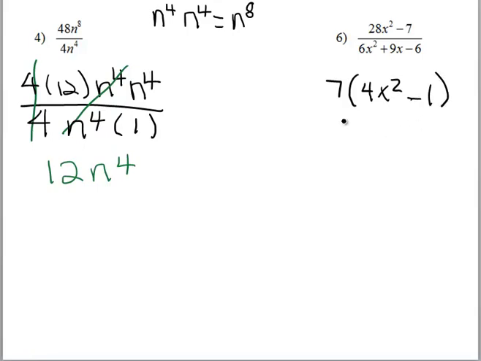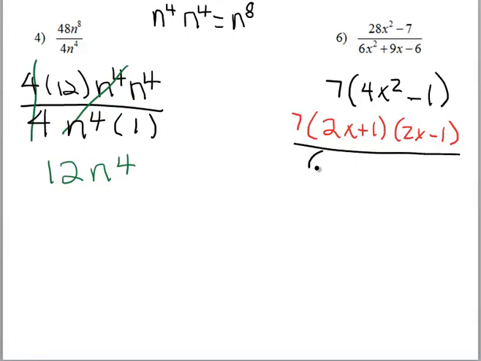And here's where you need to be kind of on your toes, because I want you to notice that that is a difference of squares. So it's really 7 times 2x plus 1 times 2x minus 1. Again, be on your toes about that because it can really make a difference.